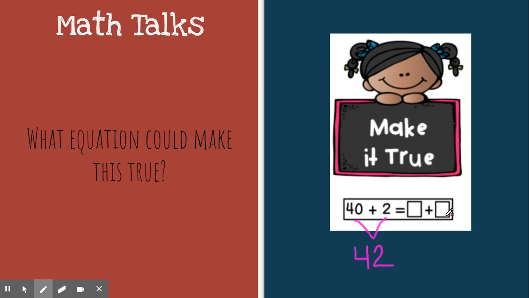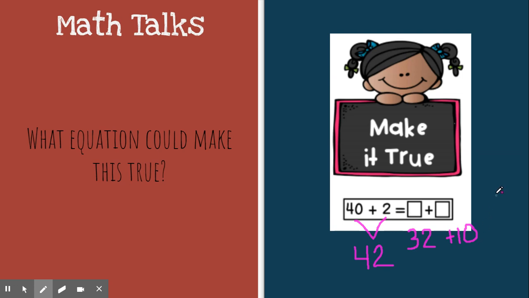One thing you could do is, I know that if I take 10 away from 42, then I'm going to have 32. So something I could put over here is 32 plus 10 more.